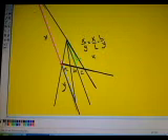But now, who's X over L? Notice that since these two lines are parallel, this angle and this angle are the same. Also, since this is also a transversal to the parallel lines, this angle and that angle are the same.